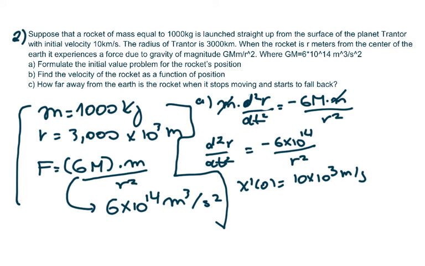And then the initial position is going to be the radius, right? Which is equal to 3,000 kilometers. Once again, 3,000 times 10 to the third meters.